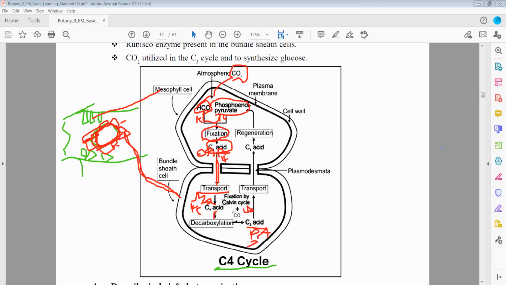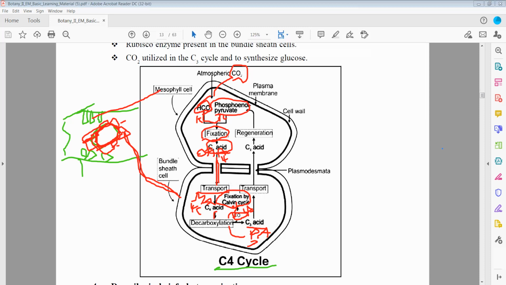So when the malic acid undergoes decarboxylation, one CO2 and one pyruvic acid are released. This pyruvic acid has 3 carbons, and this carbon dioxide undergoes the Calvin cycle in the bundle sheath cell. In the Calvin cycle, the carbon dioxide is processed and forms glucose. Starch is formed by the Calvin cycle.